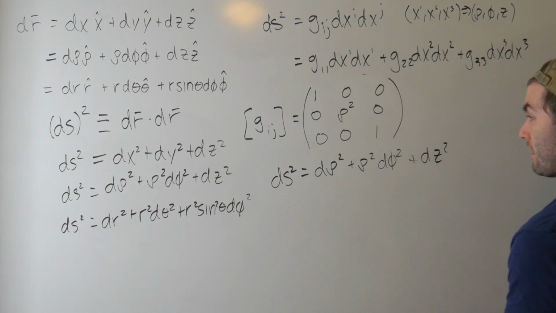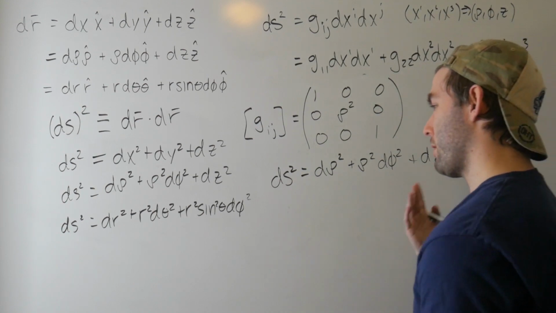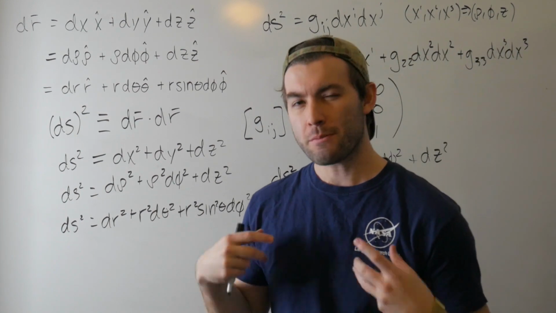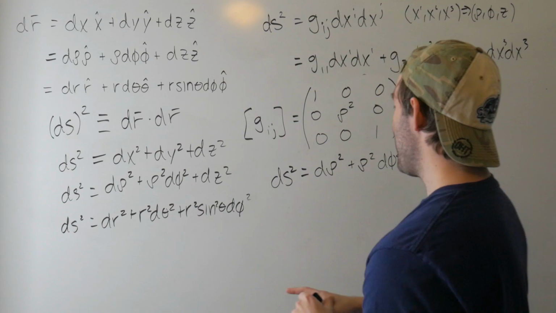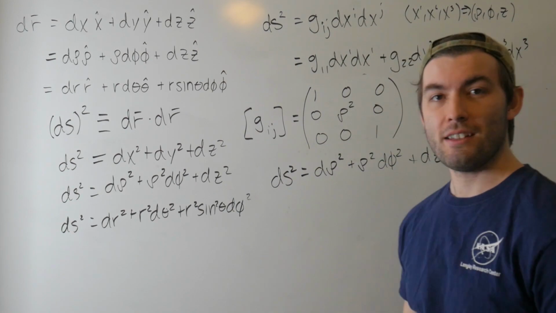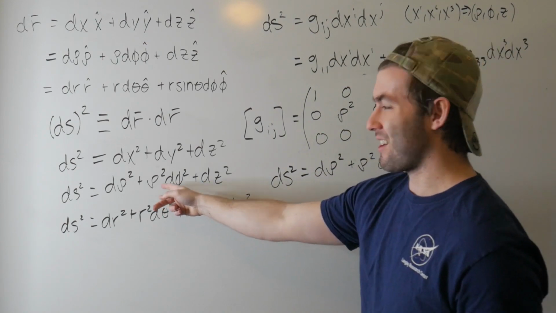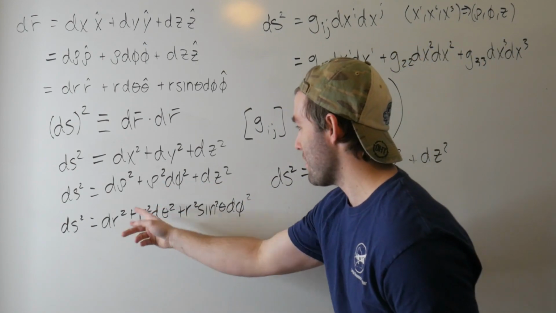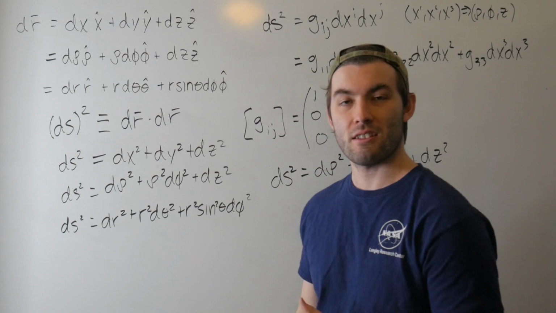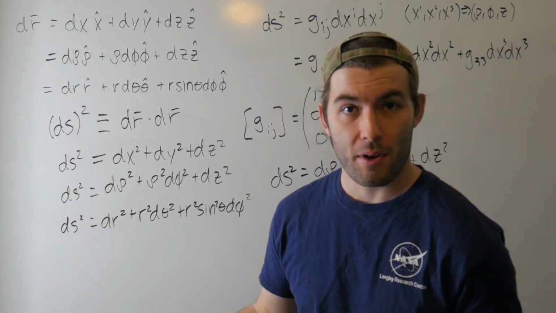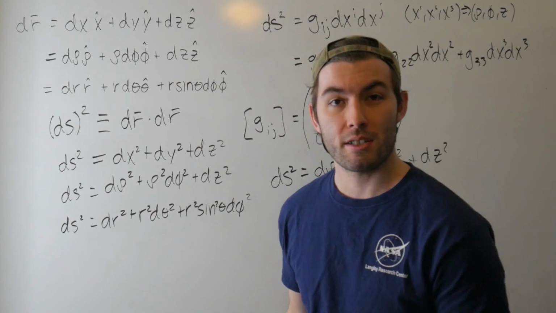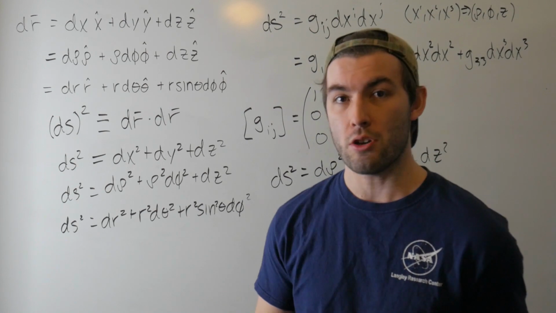Everything looks good. And for those of you who are curious about what it would look like in spherical coordinates, that's what we're about to get into, because here I'm just telling you what the metric is. The only reason we can do that here is because we already know what the answer is. We know it should be these because we know what these distance squared should be from vector calculus. But how do we calculate the components of the metric tensor if we don't already know the answer?